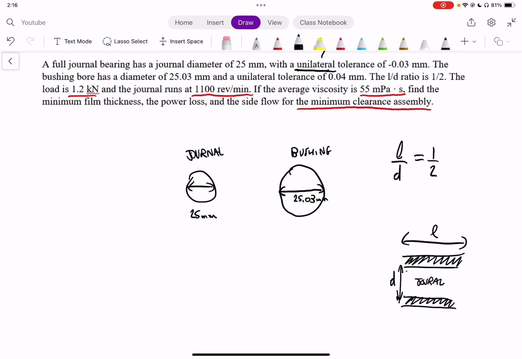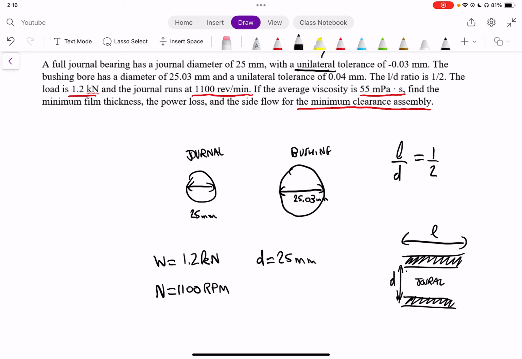So I'm just going to note down some of the things that we have, and I'm going to write down the notation that we use. We have L over D is equal to 1/2. We already wrote that down. Then we have W is equal to 1.2 kilonewtons. We have that diameter is equal to 25 millimeters. That's the diameter of the journal. We have N is equal to 1,100 RPM.